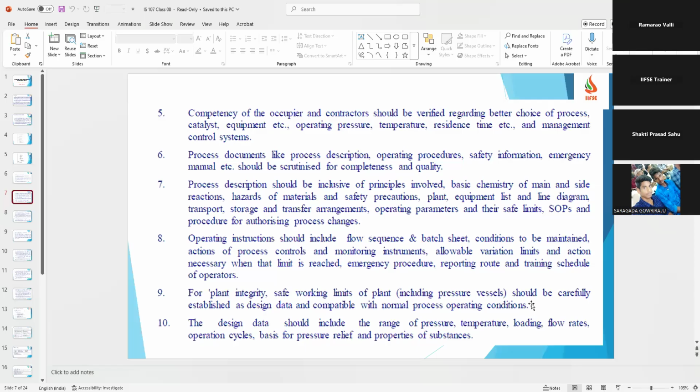What kind of properties of substances, corrosives, oxidizers, solvents, can be used in this specific vessel, etc.